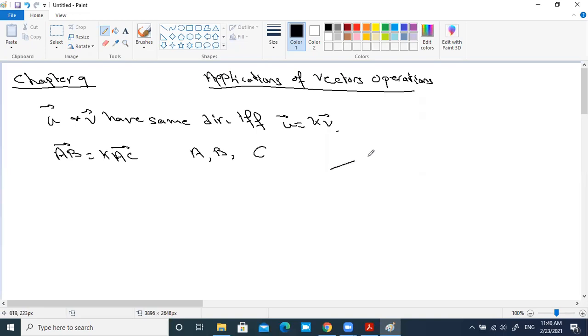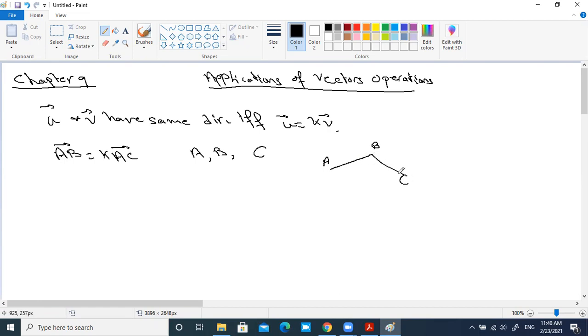Because if, for example, you have point A, B, and here is point C, can we say that vector AB and vector BC have the same direction? In this drawing, AB and BC, do they have the same direction if they are not collinear? No, because they don't have the same direction.